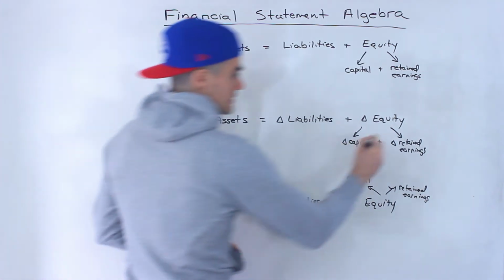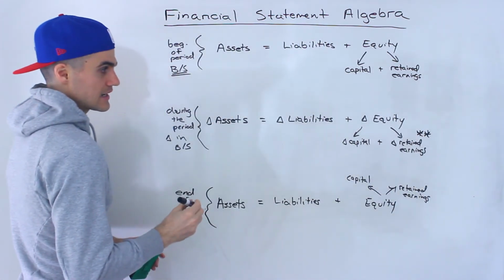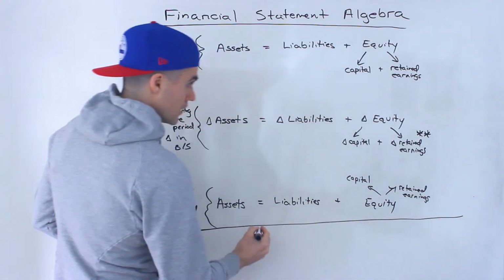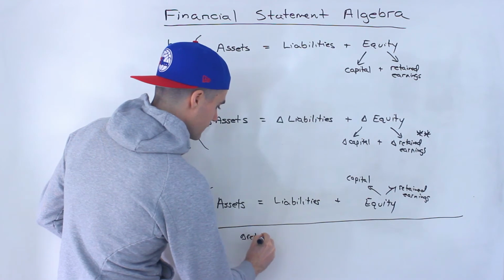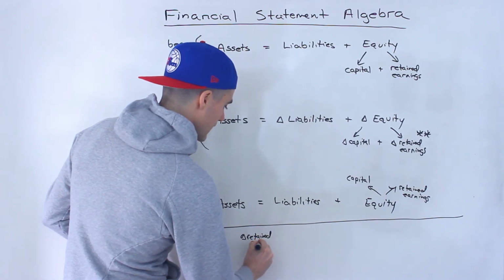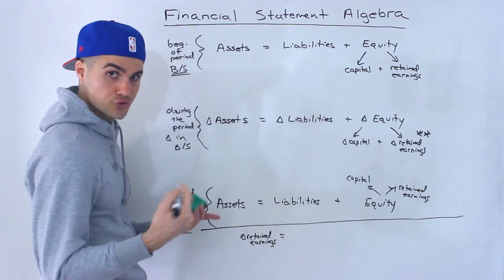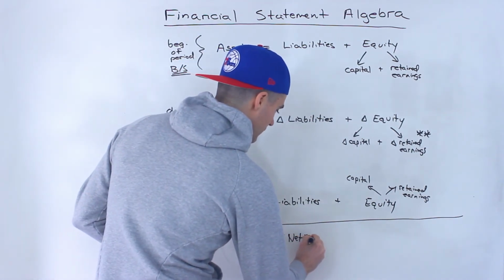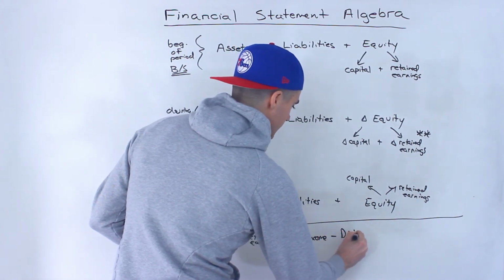Now, as I mentioned, this change in retained earnings, there's actually a separate calculation for that. So if we block this off, we can say that the change in retained earnings, from that statement of retained earnings, we know a change in retained earnings is equal to what? It's equal to net income minus dividends.